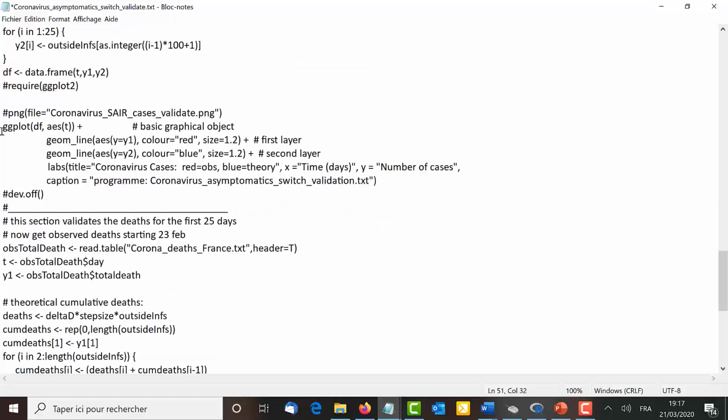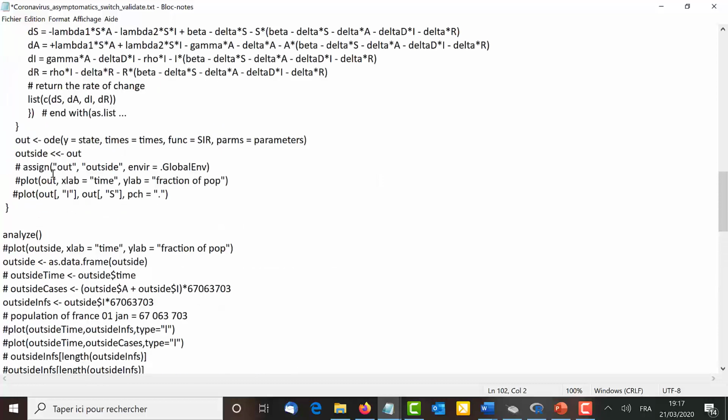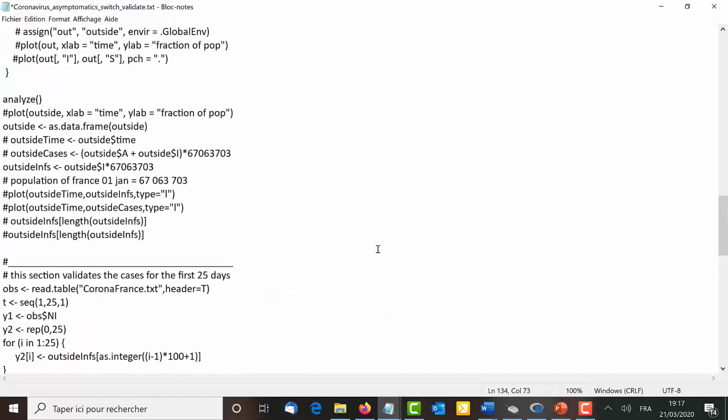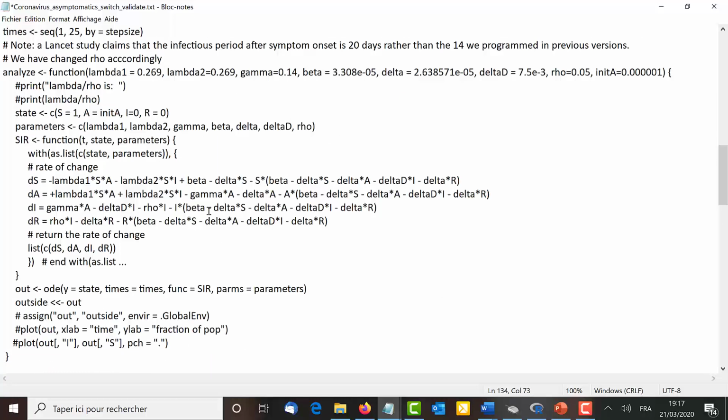So I'm going to go down here at this point and block out the plotting of the cases. And now I copy all of this, after that, as we did in the last video, we looked at how many accumulated deaths we have in the course of the disease.